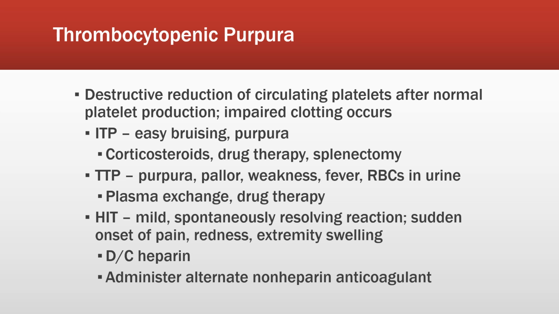The patient's going to have swelling of the extremities. They're going to have pain. They're going to have redness. So whenever you have anybody on heparin or any type of medication, you always tell them to let you know if something doesn't feel right, and listen to them.